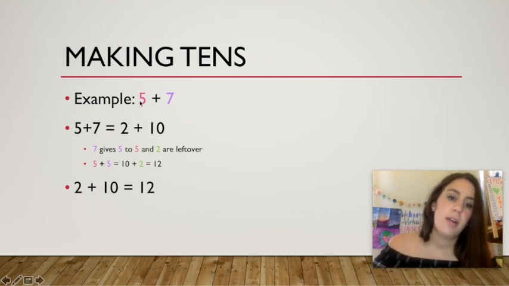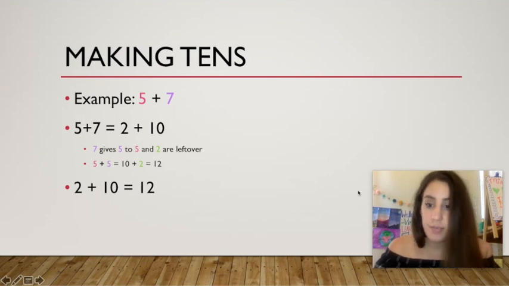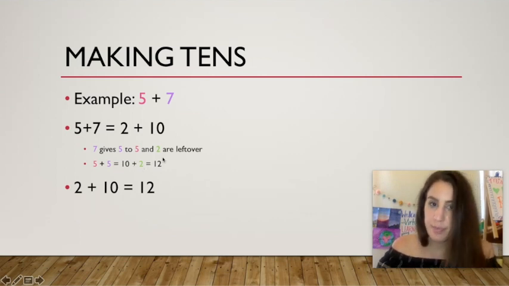Instead of thinking about 5 plus 7 as just that, you could think about 5 plus 7 as 2 plus 10. So what would happen is that 7 gives 5 out of the 7 to the 5, and we know that 5 plus 5 is 10. Then there are 2 left over. So we have 10 plus 2, which equals 12.